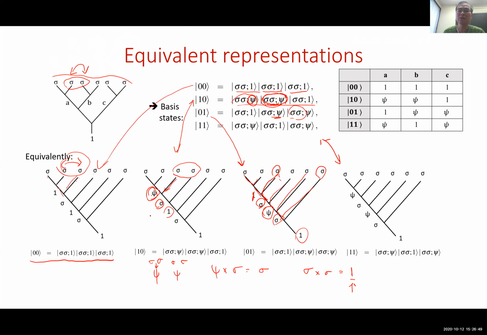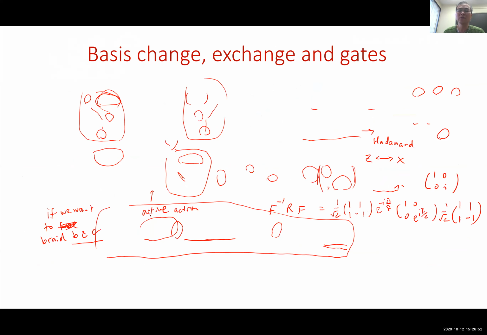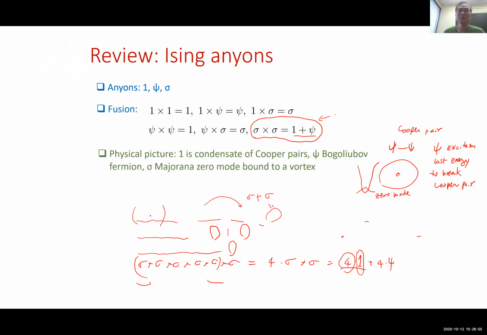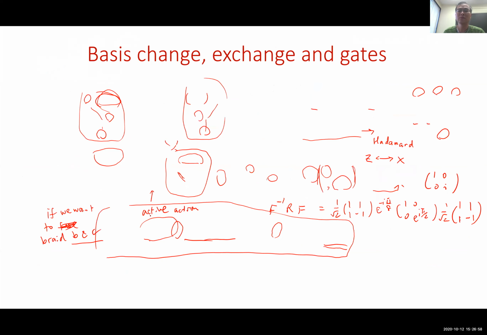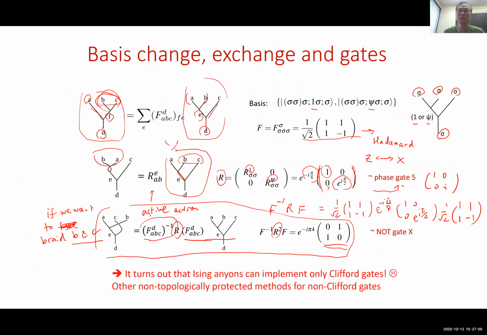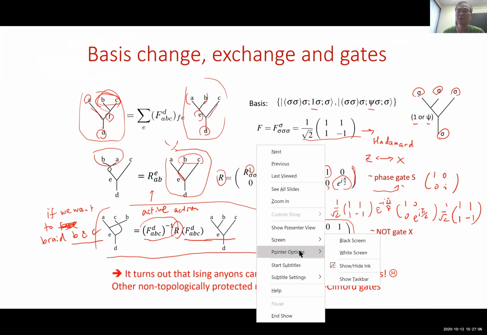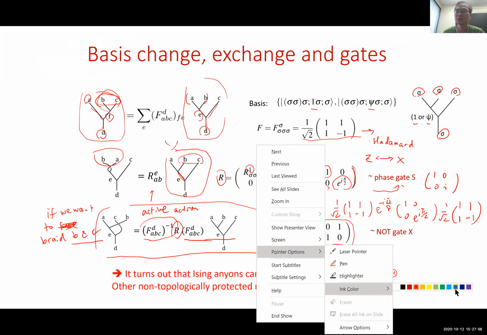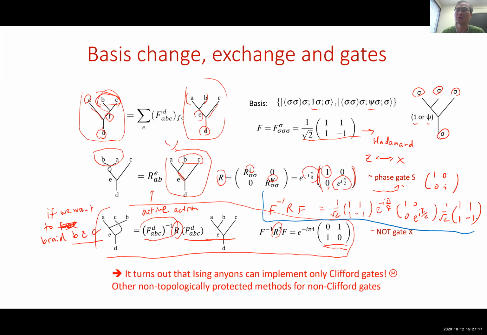So let me go back to the point that I did not. Let me change the color. Okay, this is the part, right? If you do the braiding on 2 and 3, you will have a transformation like that.